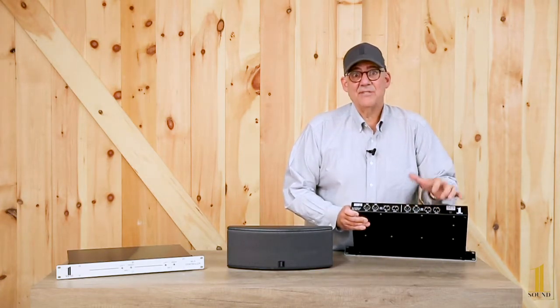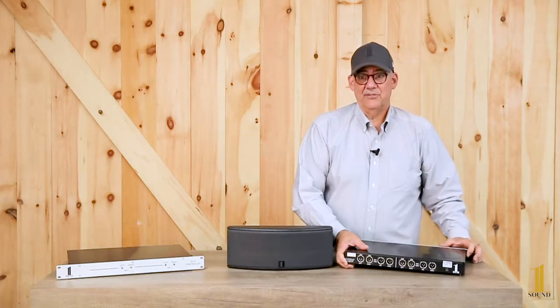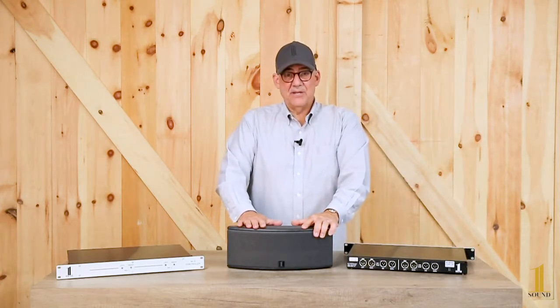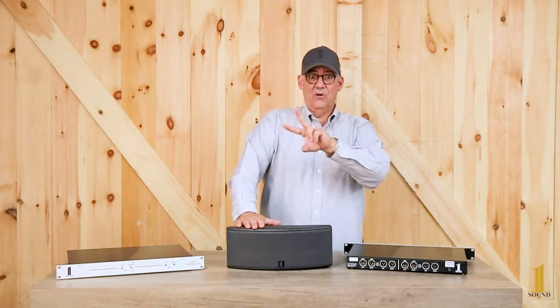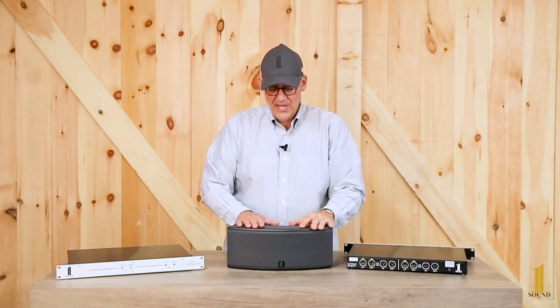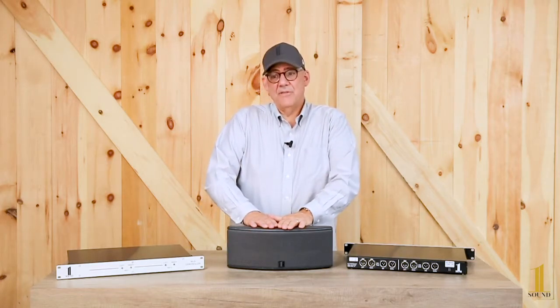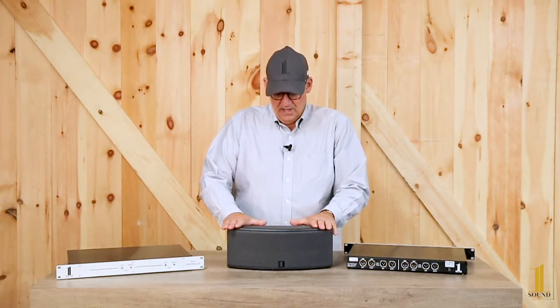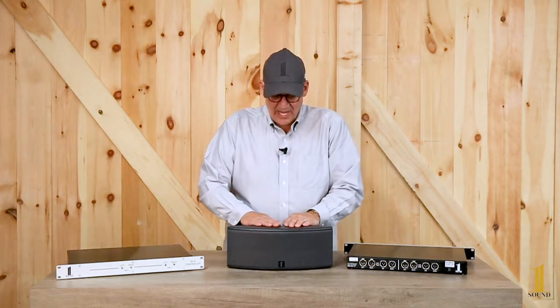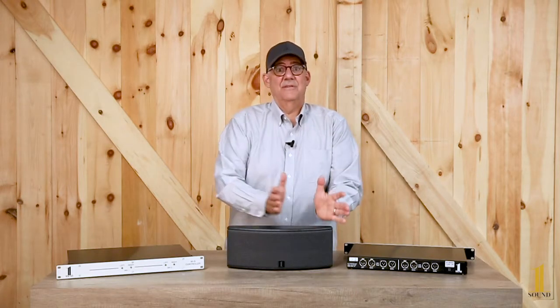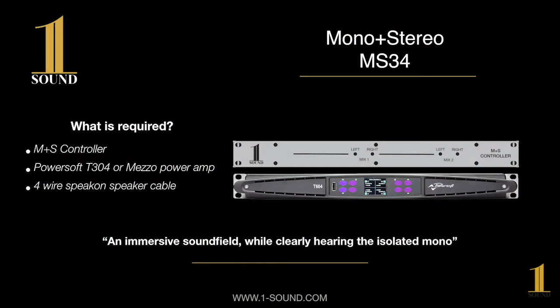The mid plus sides goes to the amplifier in 2 channels, channel 1 and 2, then to the loudspeaker, which now is a 2-channel cable, 4 wires, into the loudspeaker. Then in the loudspeaker, another analog activity goes on to create the mono plus the sides, which is left-right, okay? And that's basically a summary of what MS technology is.